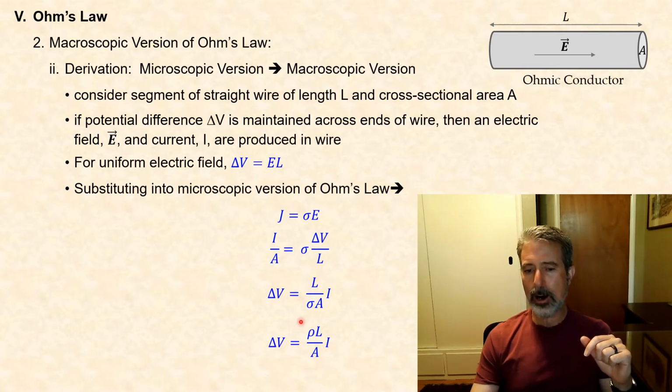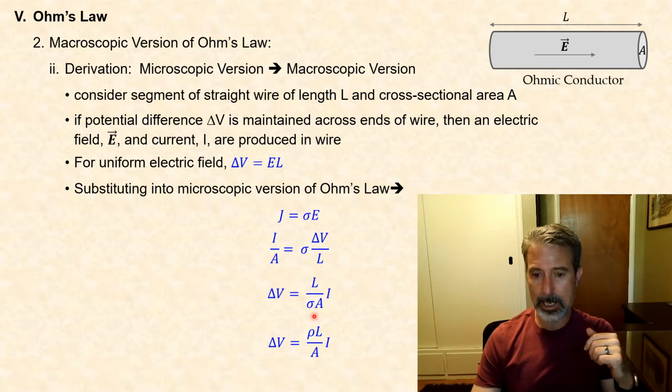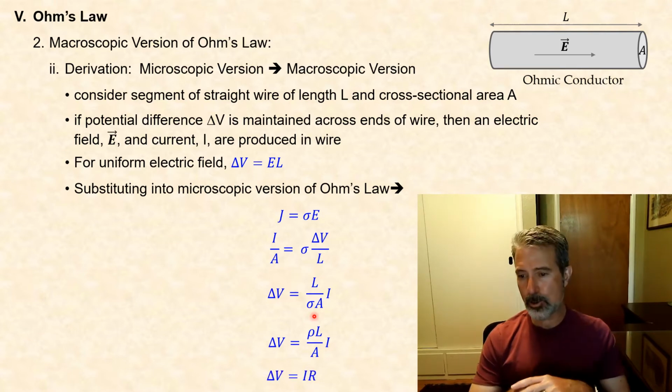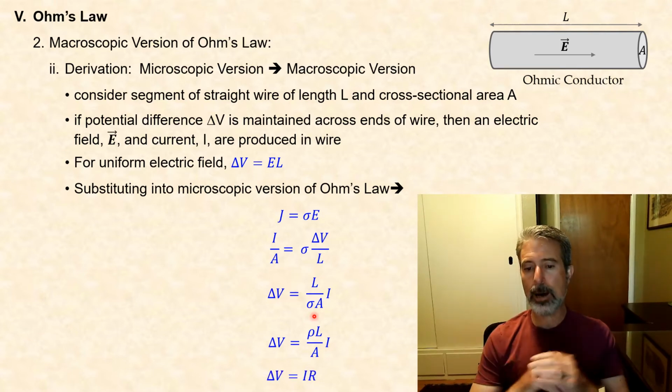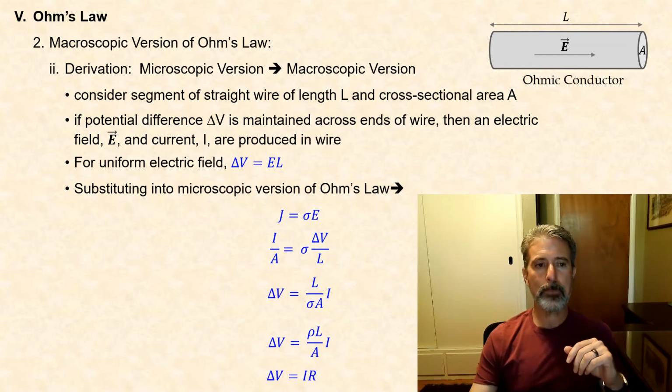When we talked about resistance in a conductor, we came up with this expression that the resistance went like the resistivity times the length of the conductor divided by the cross-sectional area. So this right here is nothing more than the resistance of the conductor. When we make that substitution, we end up with our macroscopic version of Ohm's law.